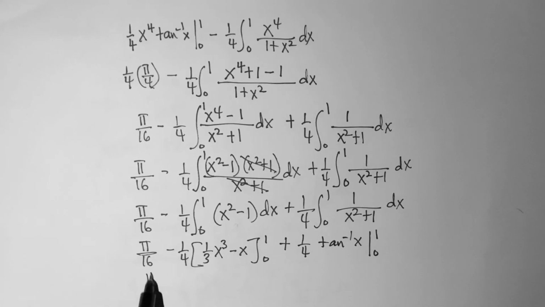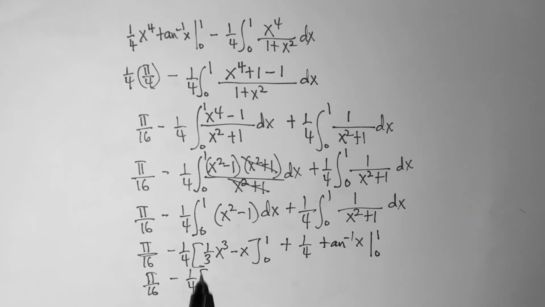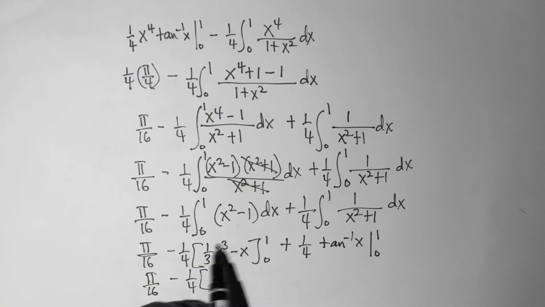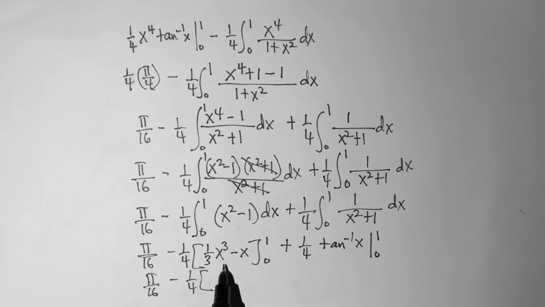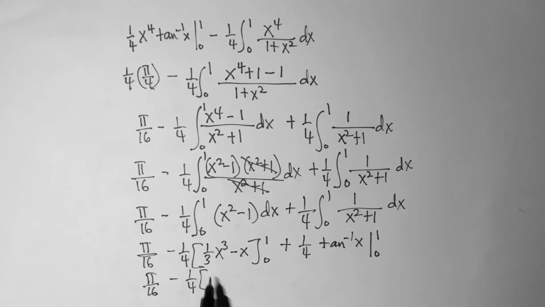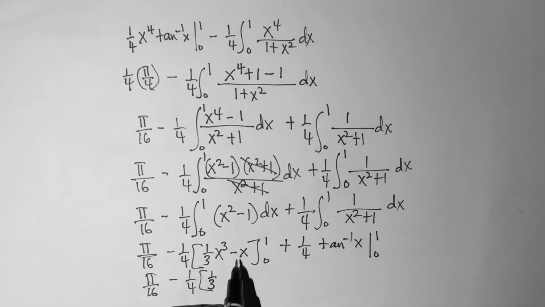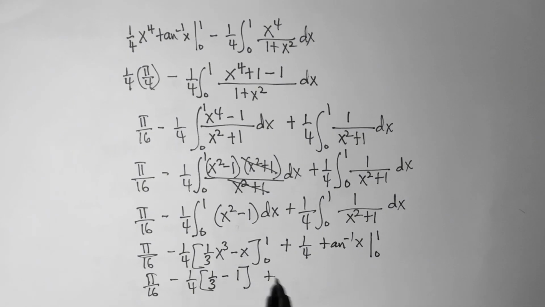Now, this is pi over 16 minus 1 over 4. Now, if you put in 0, it will go to 0. But if you put in 1, 1 cube is the same as 1. 1 times 1 over 3 is 1 over 3. So here becomes 1 over 3 minus 1, then plus 1 over 4.